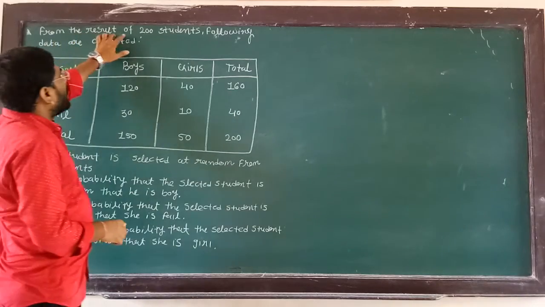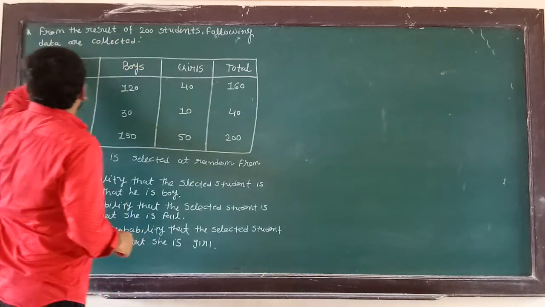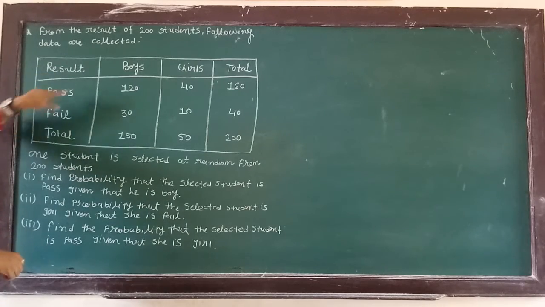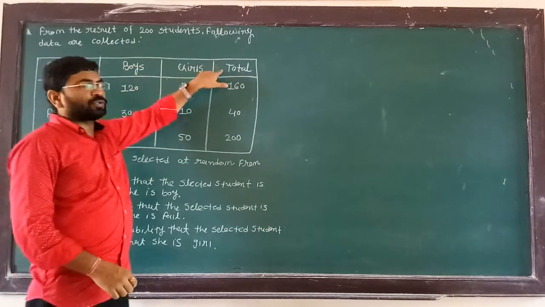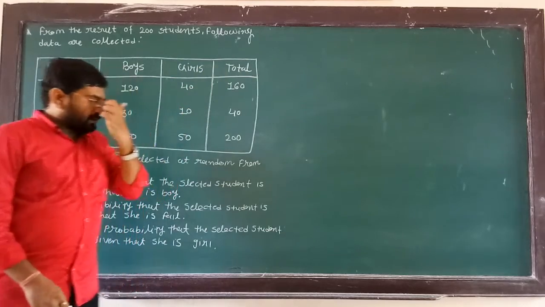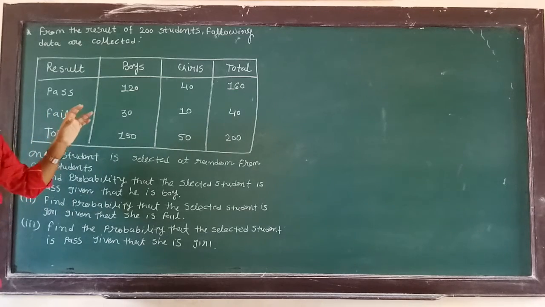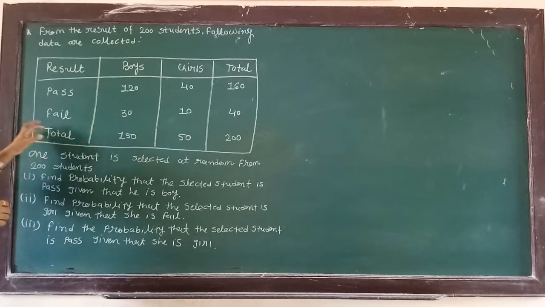From 200 students, the following data are given: result, pass, fail and total; boys, girls and total. Students, some of the totals are not given, but when you solve the questions, you find the total yourself.